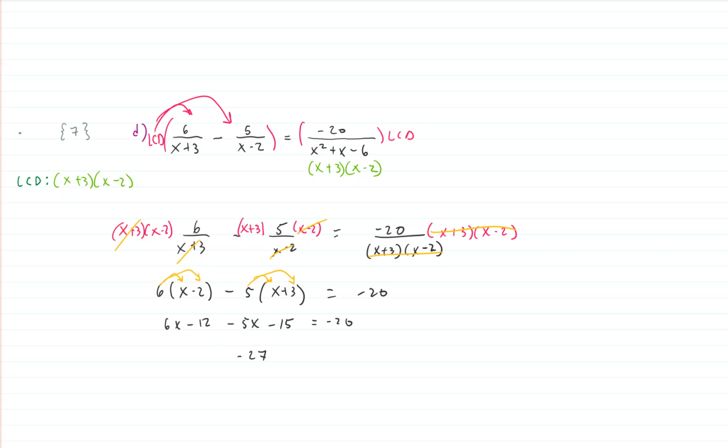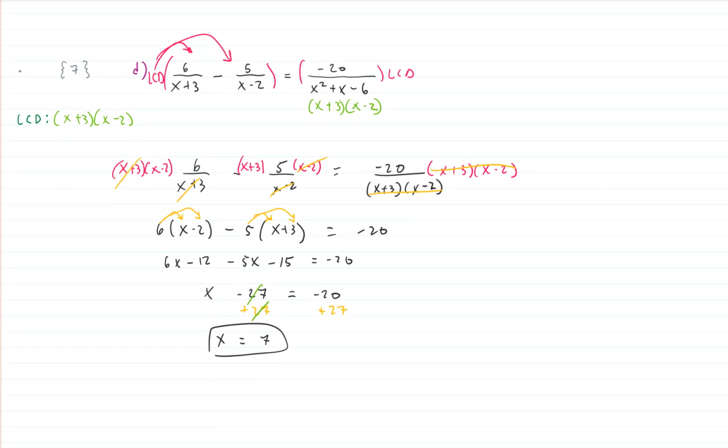And we have x on the left. And then we have negative 20. Now we add 27 to both sides because we're trying to solve for x. And we get x equals 7.